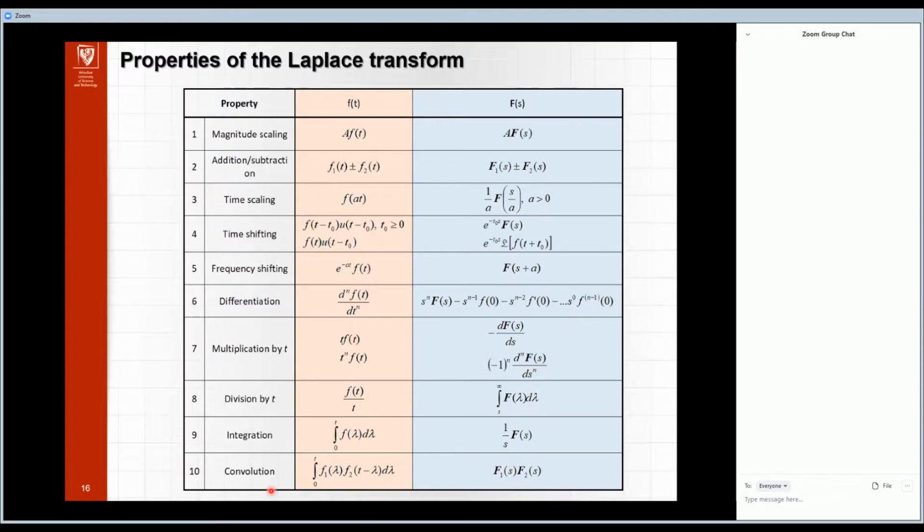The convolution in the time domain means multiplication in the s domain.